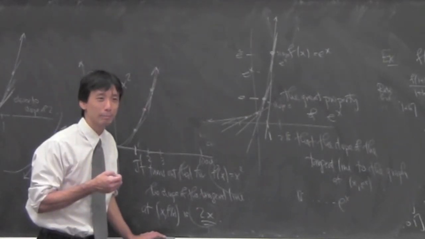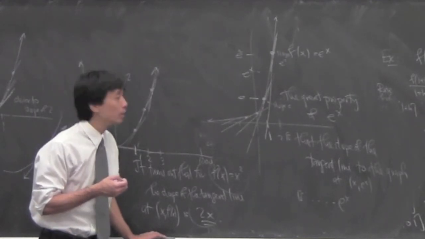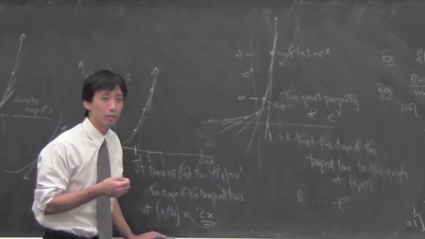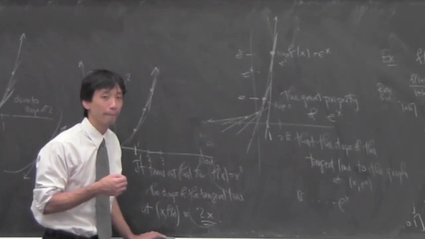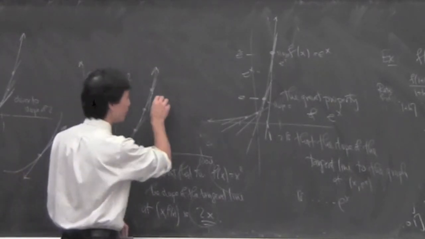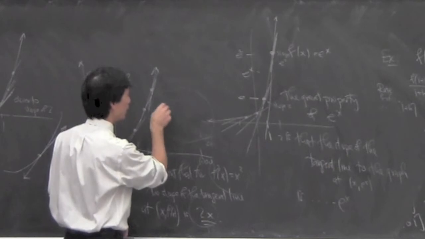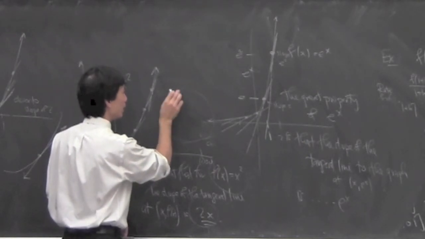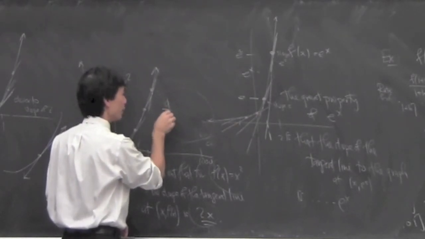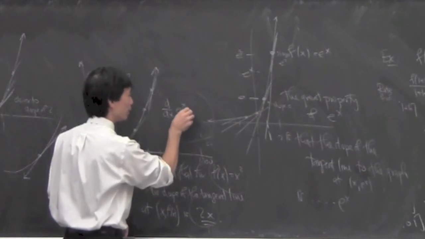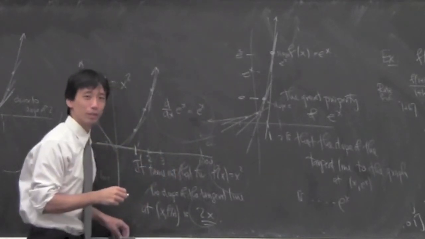I was thinking of taking the derivative of the line then, because the tangent line's slope is always going to be e to the x, does that mean that you can't take the derivative? No. So for those of you who know the calculus already, this is the statement that if you take the derivative of the e to the x function, you get back the e to the x function.